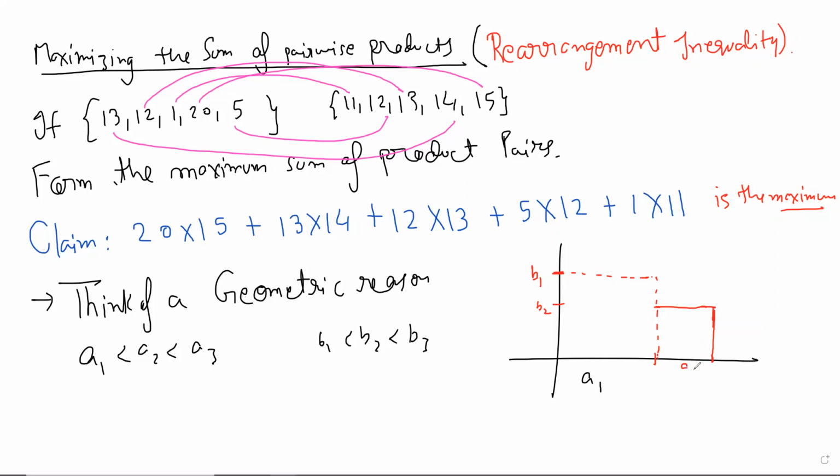So this is a2 and this is b2, the height, and then similarly you can take b3 to be clearly bigger. It's a3 and b3. Okay, and you want to say that this area is the maximum possible area, using these sticks as the base, and these sticks b1, b2, b3 as heights, right? Is that the same? Yeah, you see that's the same question.